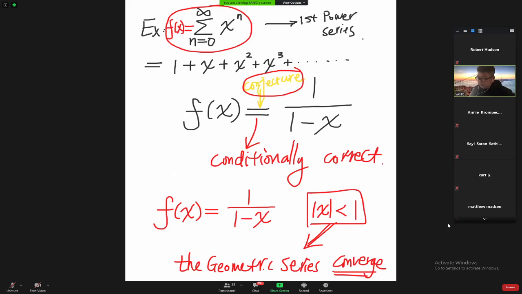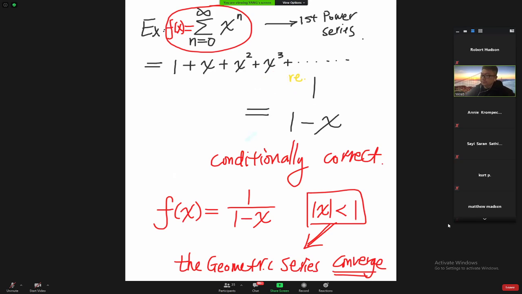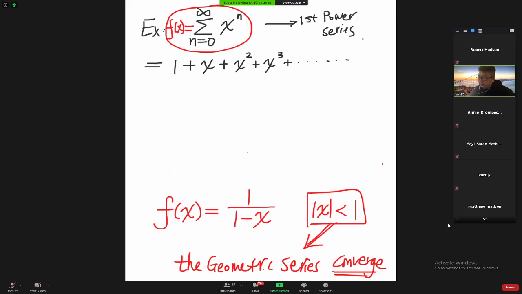Which means, in other words, let me repeat. This one equals 1 over 1 minus x if x is less than 1.